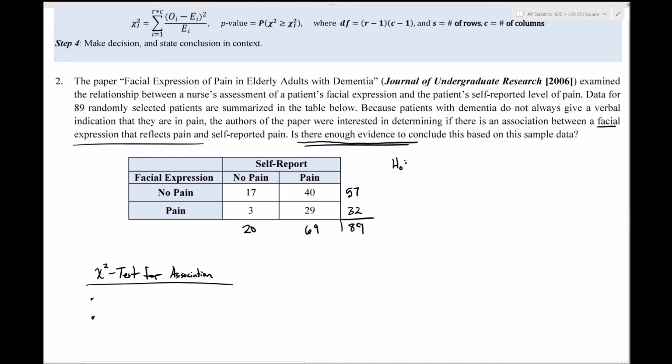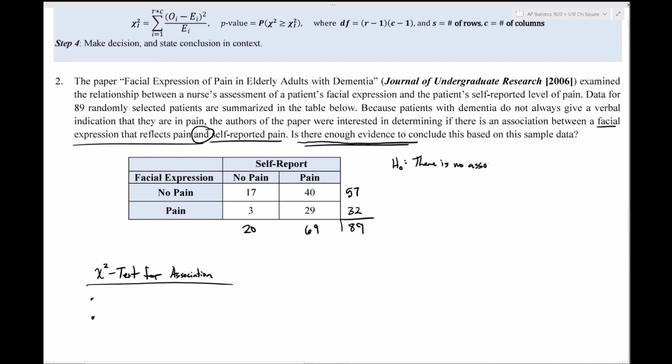and self-reported pain? So the way I was describing it earlier is a little bit different compared to the way they're setting up the test. So is there an association between self-reported pain and a facial expression that reflects pain? So whether or not their facial expression reflects pain and what they reported by themselves. So there is, in this case, no association for a null hypothesis.